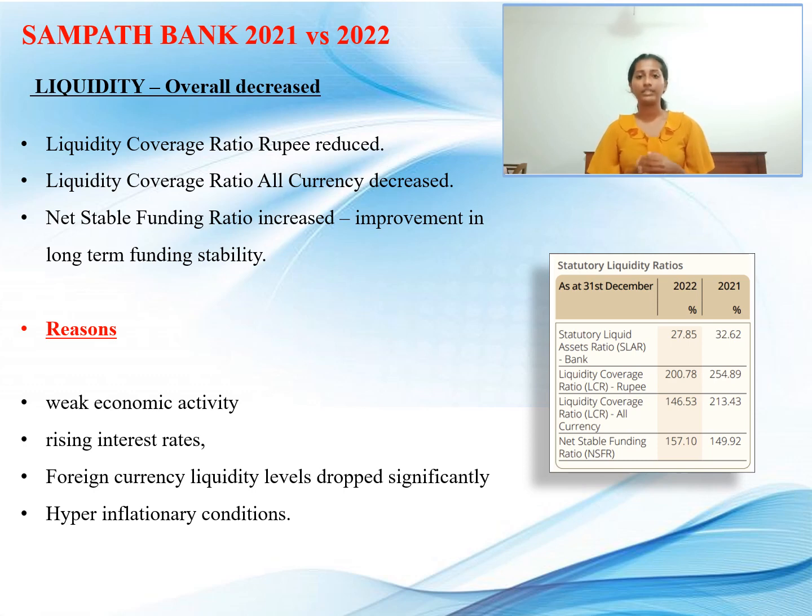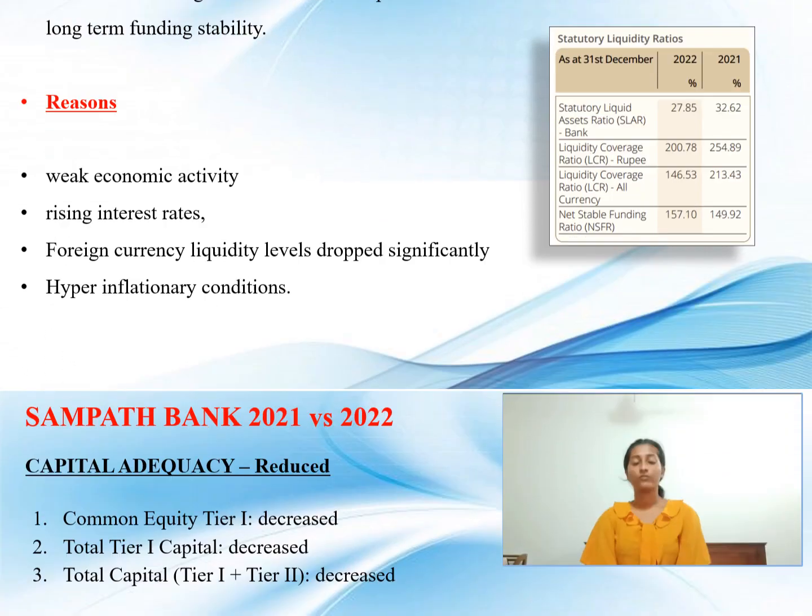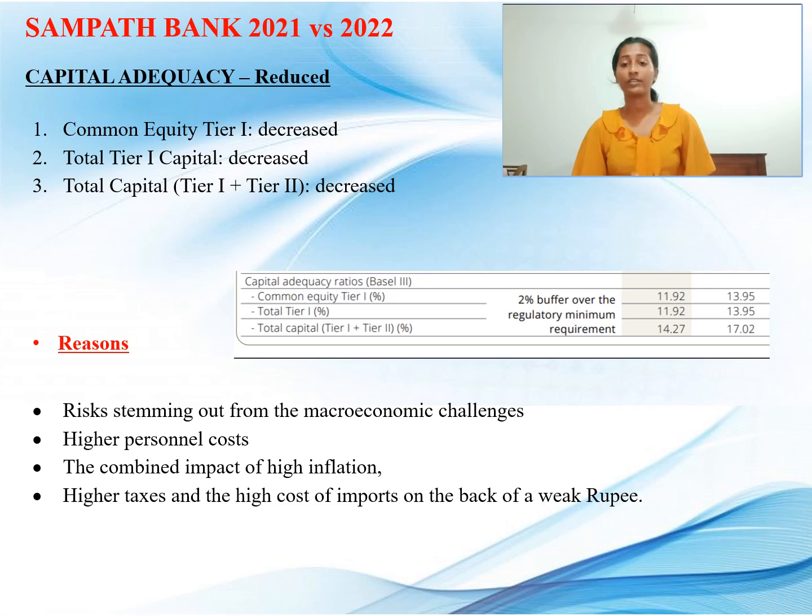Reasons for the decrease in liquidity ratios are weak economic activity, rising interest rates, foreign currency liquidity levels dropping significantly, and hyperinflation conditions. Finally, the capital adequacy ratio of Sampath Bank is also reduced compared to 2021. Decreasing capital ratios generally indicate that the bank's capital position has weakened compared to the previous year.